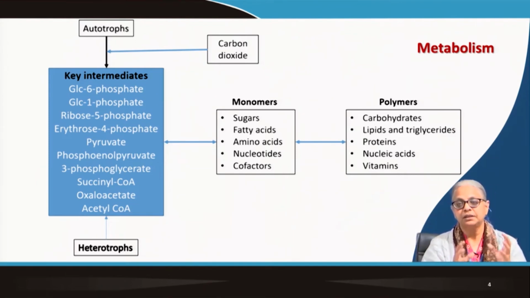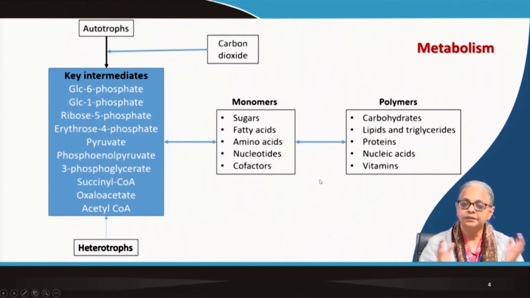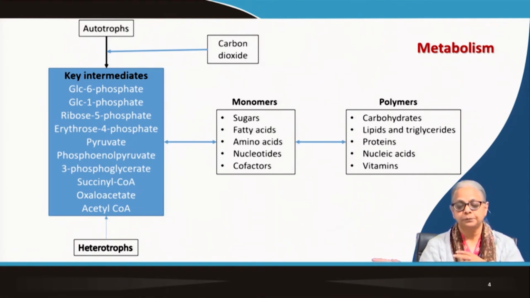These key intermediates are directly taken into the anabolic reactions after they are generated in catabolic reactions. Autotrophic organisms and heterotrophic organisms all utilize these key intermediates, along with the other monomers, to create polymers.